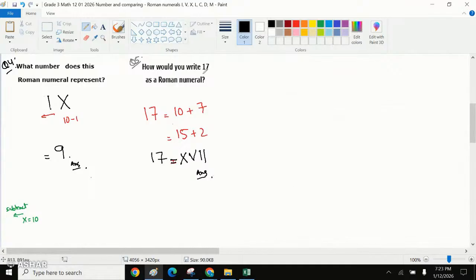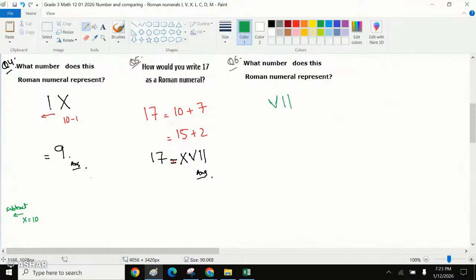Okay, moving ahead to the next question. What does this Roman numeral represent? Question number 6 says, let me write it down. Very easy. Okay, let's write VII.